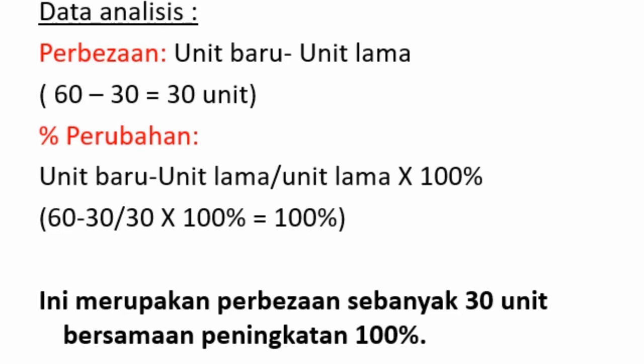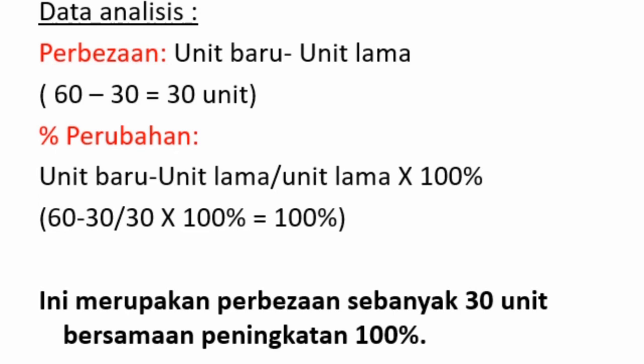Manakala peratus perubahan, you ambil unit terbaru bulan September, tolak dengan unit lama bulan Jun, bahagi unit lama bulan Jun dan darabkan dengan 100%, awak akan dapat peningkatan sebanyak 100%. Note that kalau dia meningkat, nombor dia akan positif, so kita kata dia sebagai peningkatan peratusan yang positif.